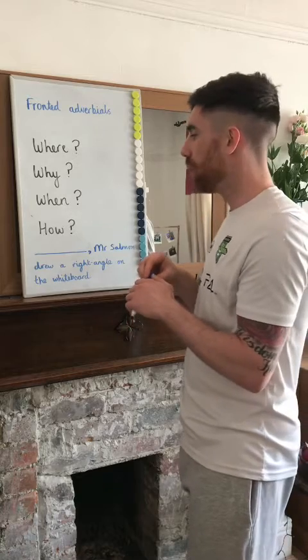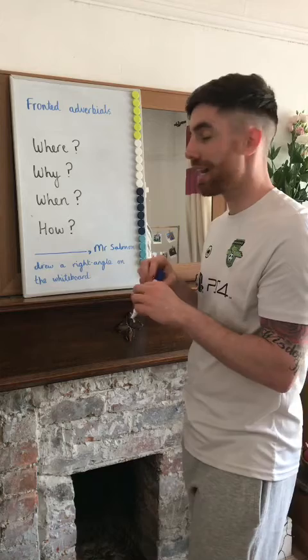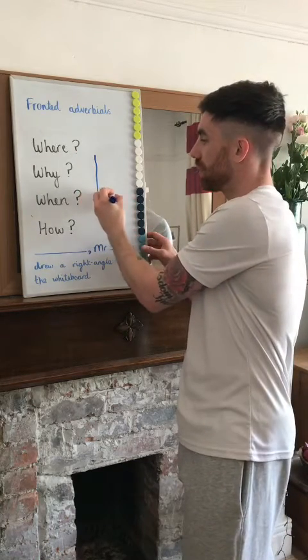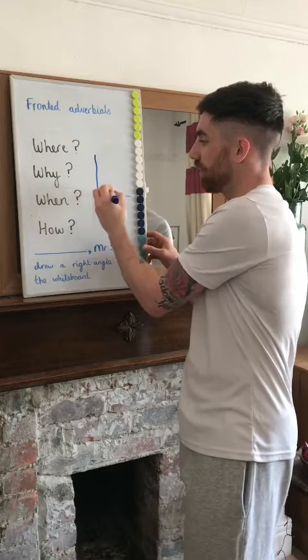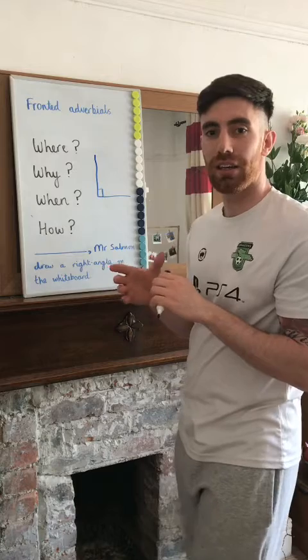Okay? What I am going to do for the exercise is draw a right angle on the board. But I'm going to be a bit dramatic and do a bit of acting.